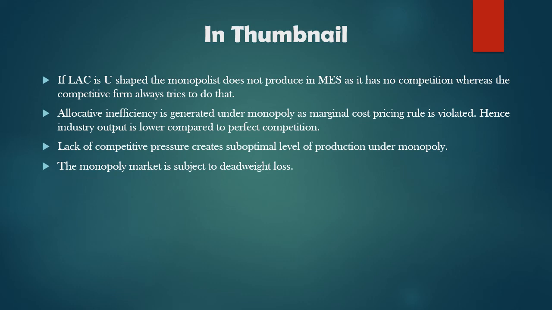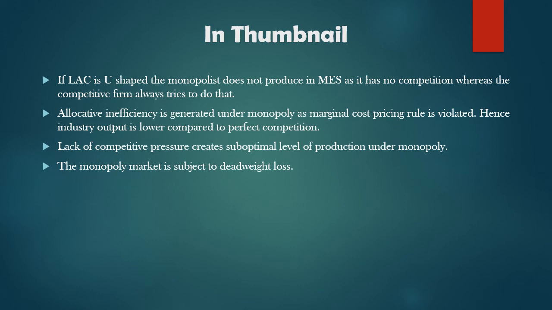Not maximum, better to say optimum level of production. But whenever we are considering a monopoly, it is protected in the market. A monopolist does not have any threat from other firms. So they will not bother much about reaching the optimum level of production. They will try to extract the maximum revenue by utilizing their monopoly power.